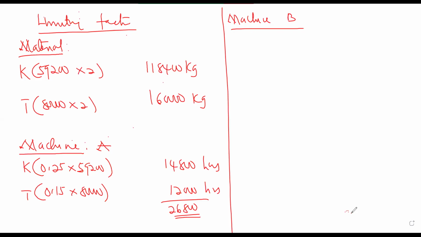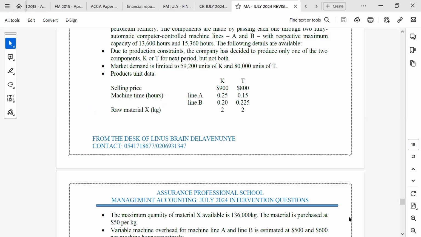What will be the product K? Would that be 0.2 multiplied by 59,200? Yes, that will be 11,840.